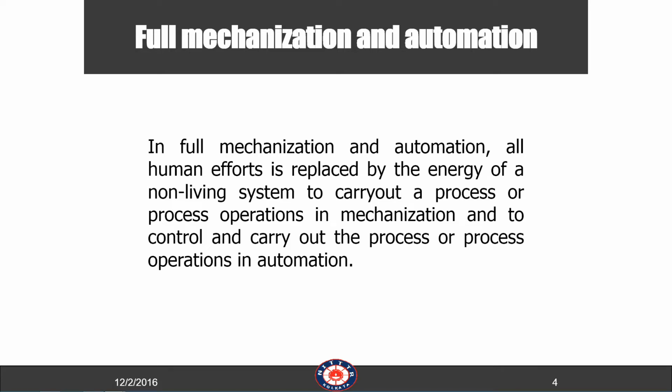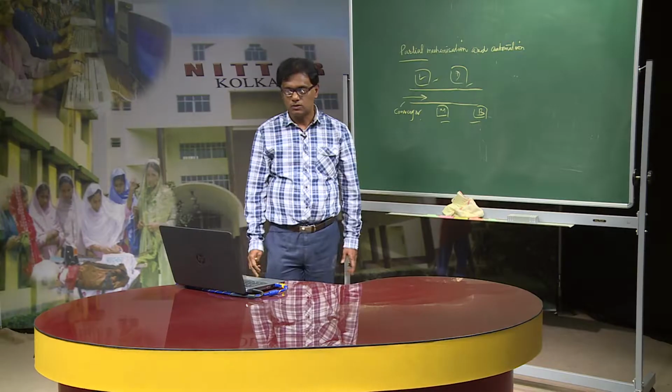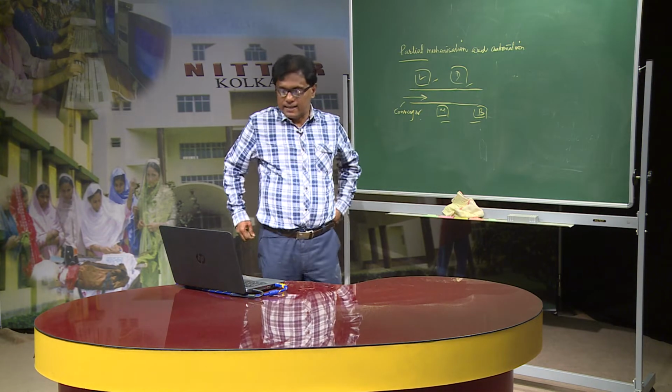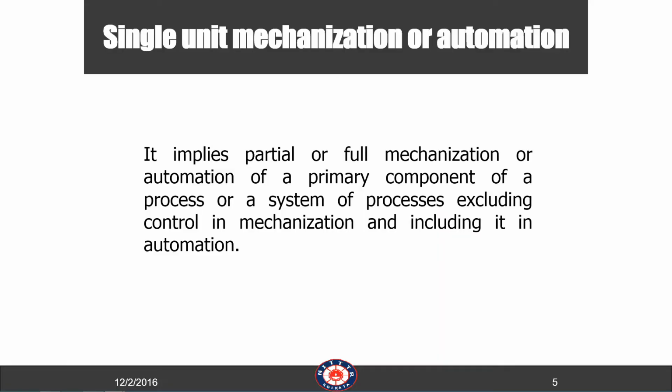All human effort is replaced by the energy of a non-living system to carry out a process or process operations. Now, single unit mechanization or automation implies partial or full mechanization or automation of a primary component of a process or process system, excluding control in mechanization and automation.